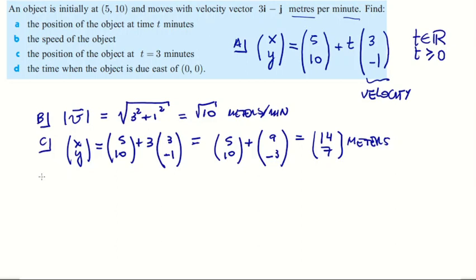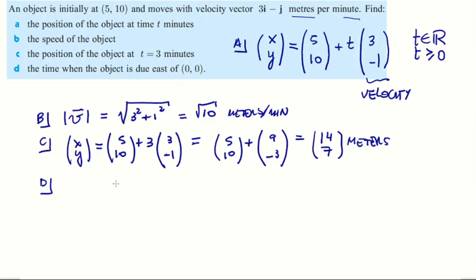Now, letter D, what is the time when the object is due east of 0, 0? So what we have to do here, basically we're looking for y equals 0 and x equals due east of 0, 0. So we have to find at what time those would be 0.